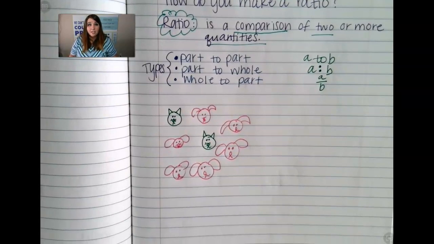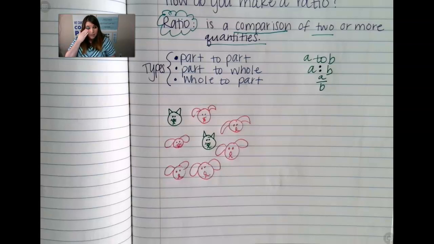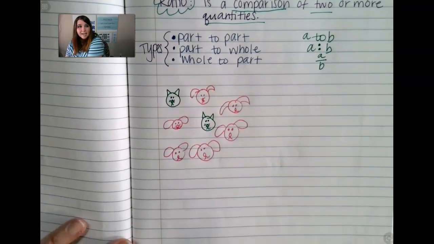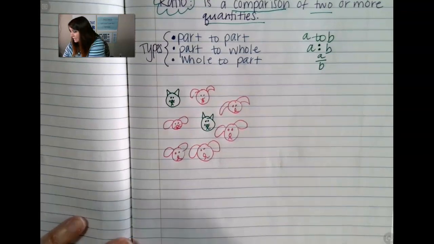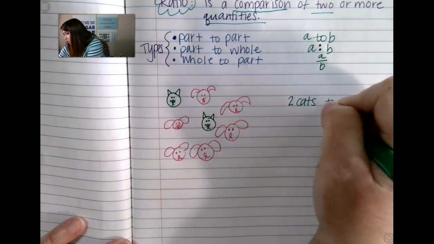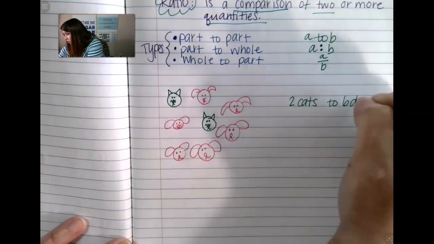So now we're going to talk about how to read ratios. There are some words that we can use for these animals. I can look at this pile of animals and say I have 2 cats to 6 dogs. So 2 cats to 6 dogs.